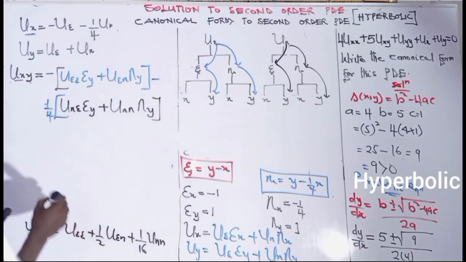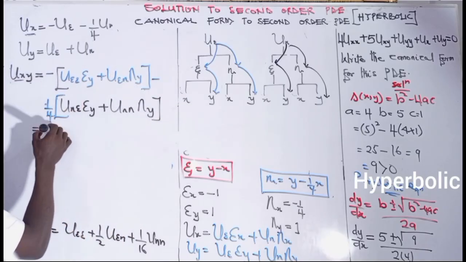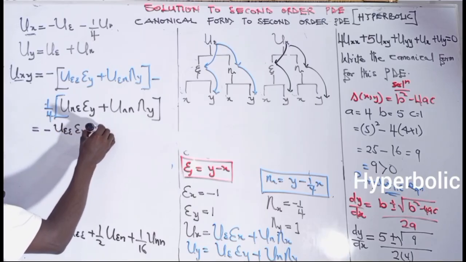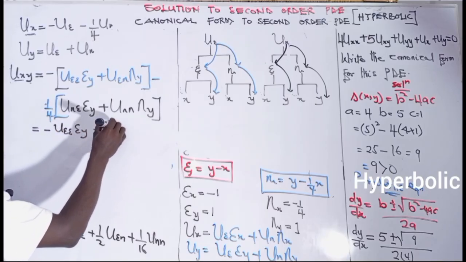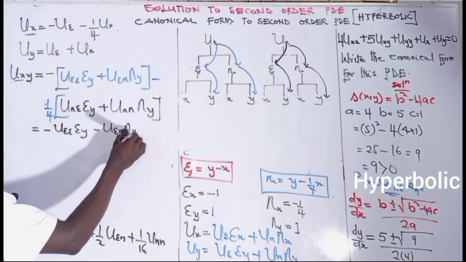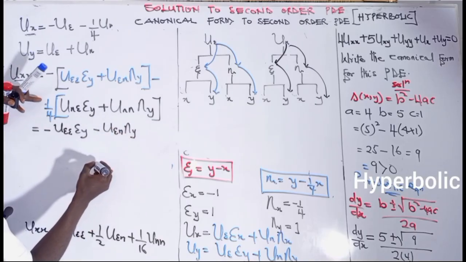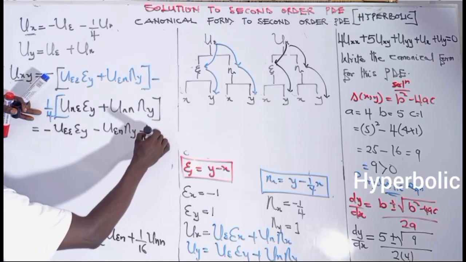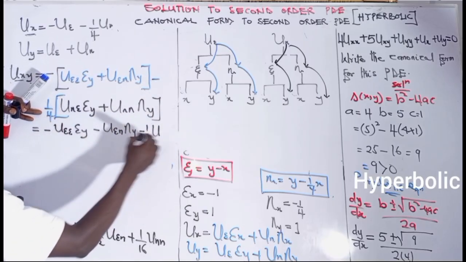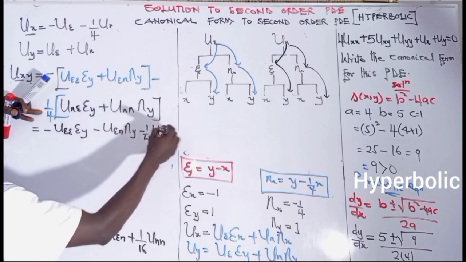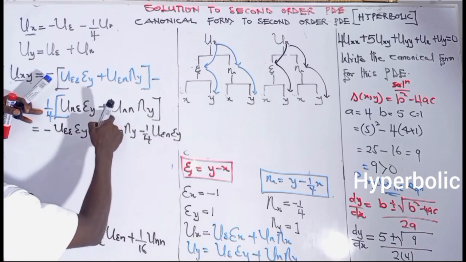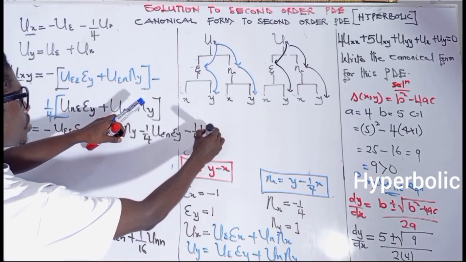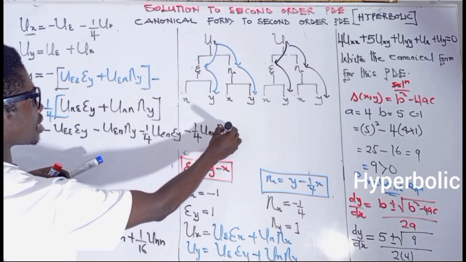Once we have this, let's expand the bracket. This is going to give us minus u zeta zeta y minus u zeta eta y, and minus 1 over 4 u eta zeta, which we can write as zeta eta, then zeta y, and minus 1 over 4 u eta eta y.